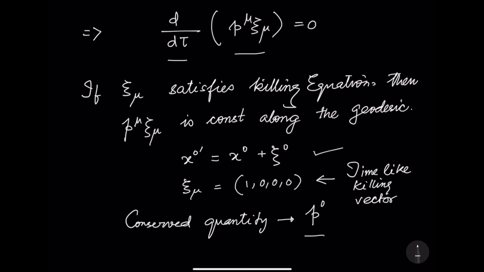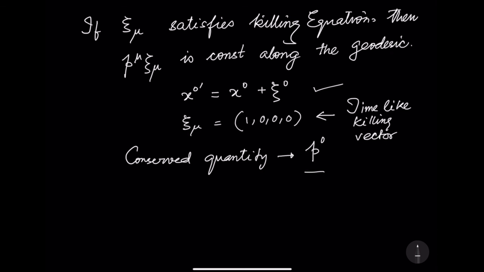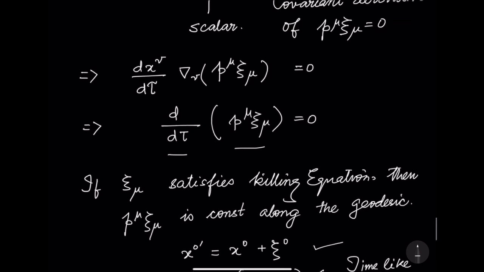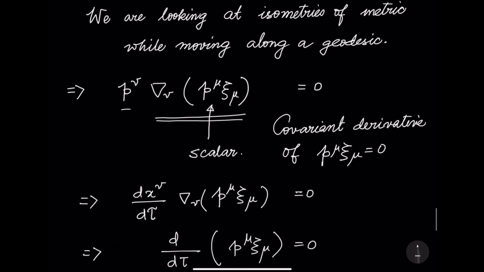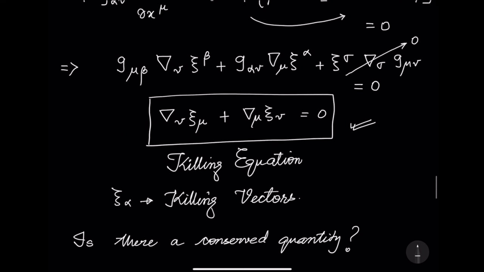Okay, so this is just a more general way of saying this, and the more important thing is that it's a coordinate independent way of saying it. You have to just solve the Killing equations. How do I know that? Okay, so what is so important about this equation?